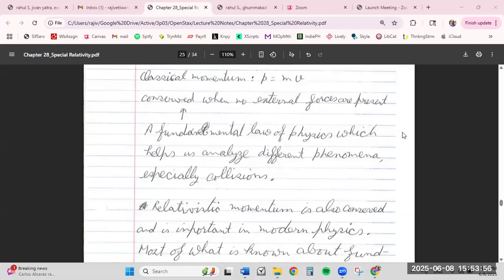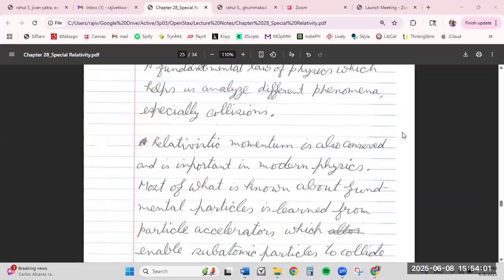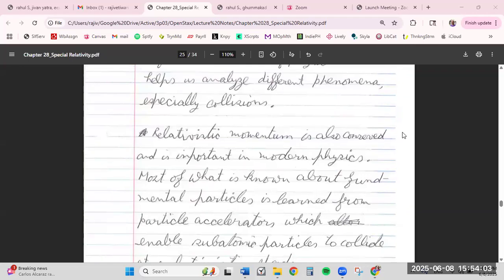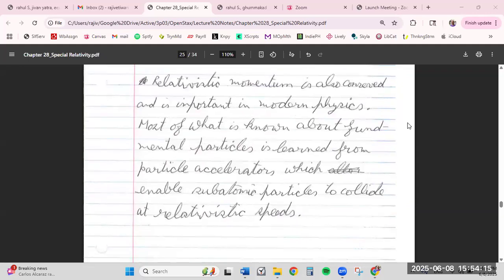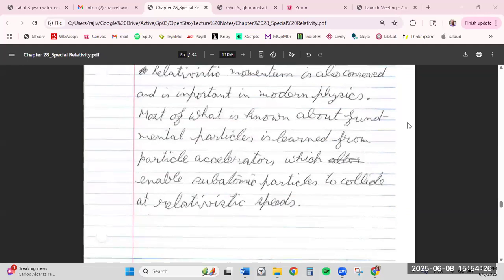So conservation of momentum is a fundamental law of physics which helps us analyze different phenomena, collisions, impact of a moving object on a wall, etc. When you come to relativistic speeds, the momentum is also conserved. Relativistic momentum is also conserved and is again a helpful tool in studying certain types of phenomena in modern physics.